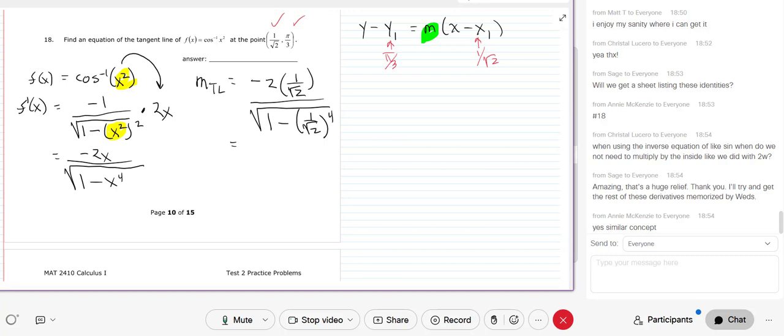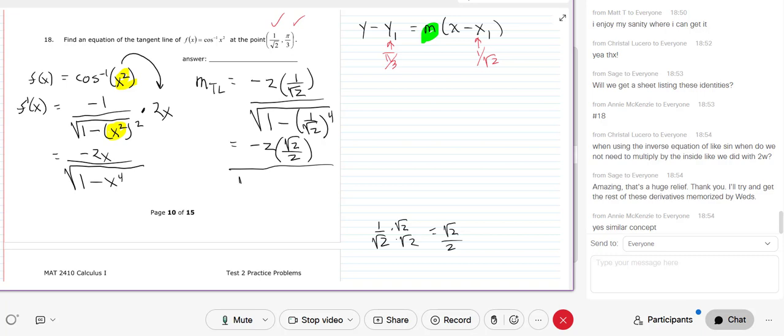What I would recommend is rationalizing the denominator of 1 over the square root of 2, which is root 2 over 2. So I'm going to write this as -2 times the square root of 2 all over 2. That will make it easier to simplify.